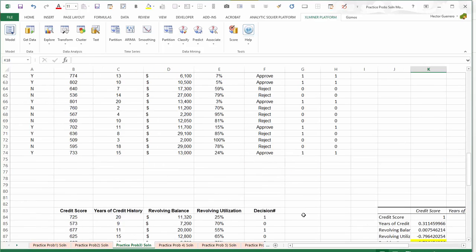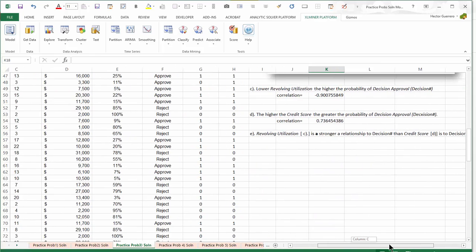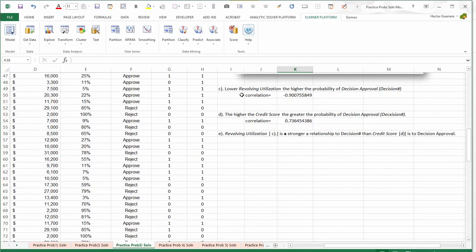So let's go back here and see how we answered these questions. Our correlation for revolving utilization and the decision approval was very strong, in spite of the fact that it's negative. They just move in different directions. But that's a very strong correlation. It's almost 100%. If you have low revolving utilization, you have a high decision number, and there are only two decision numbers. One is 0, and one is approval.